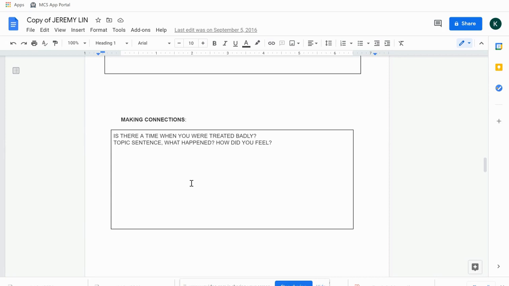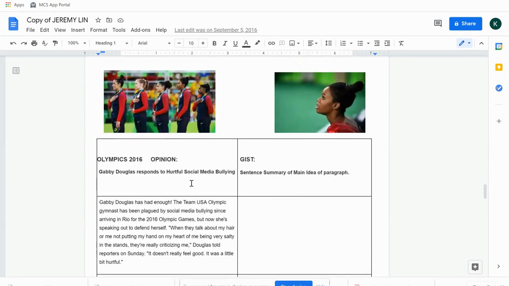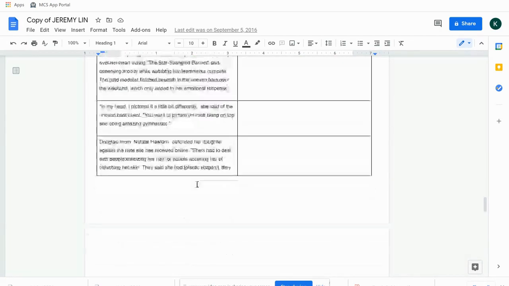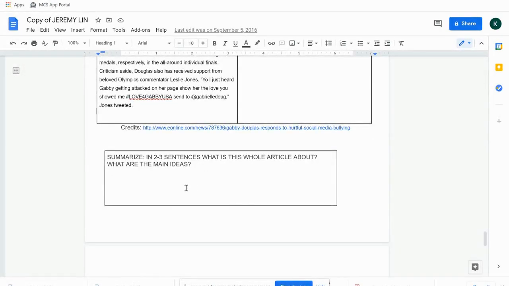Your written response also tells me that you are able to read and comprehend. Okay. The Gabby Douglas article was the exact same type of activity, breaking it down into smaller components and then having the students give me a summary.